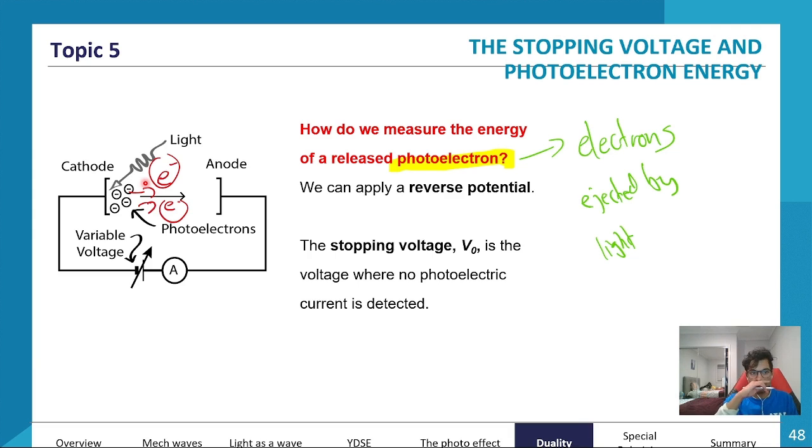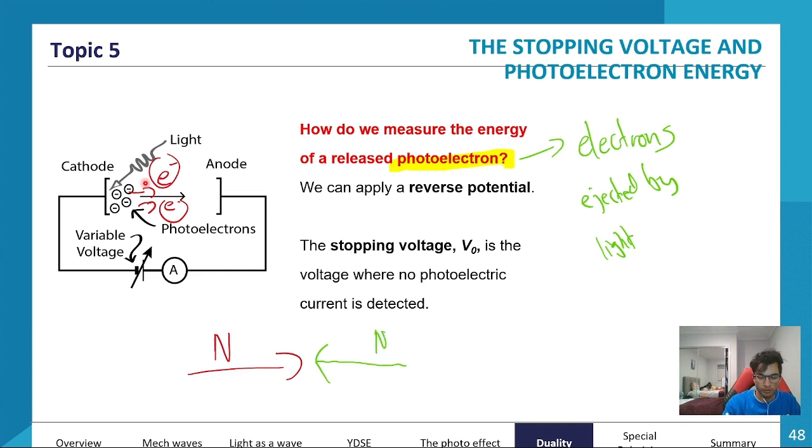So what the scientists did is, imagine we have a force in this direction of n newtons. We don't know how much force that is. But what you can do is apply a force in the opposite direction, and you can change the amount of force. So let's say you put 50 newtons of force.